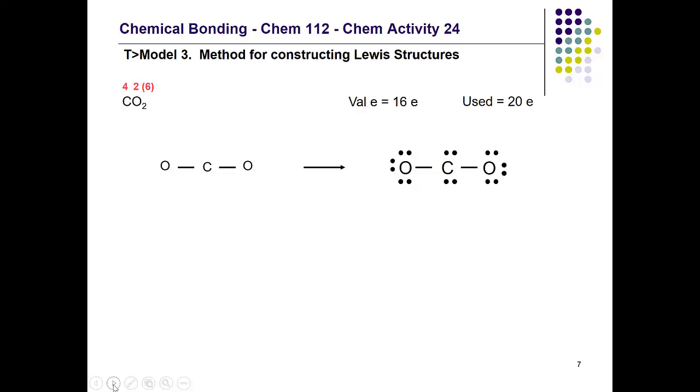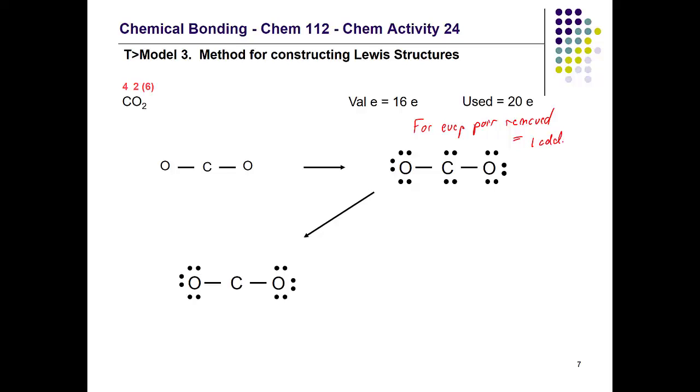And I'm going to notice how many pairs of electrons that I need to erase. So physically, I'm going to erase 2 pairs of electrons. And one of the things I'm going to comment on is for every pair of electrons removed, or in excess if you will, it equals 1 additional bond.